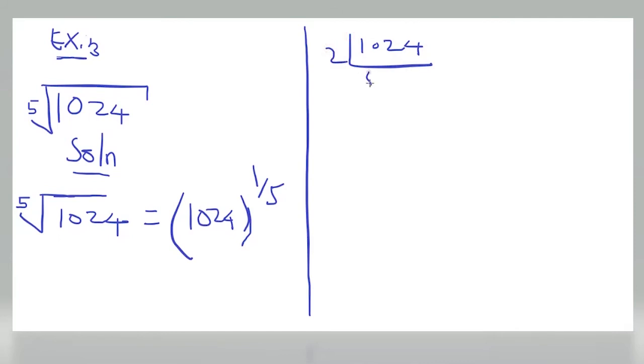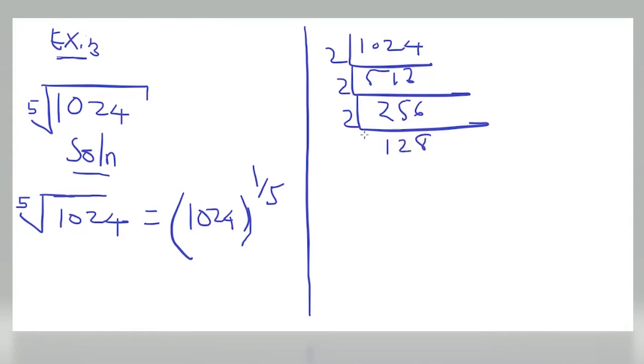Divide by 2 is 512. By 2 is 256. By 2 again is equal to 128. By 2 again is equal to 64. By 2, then 32.